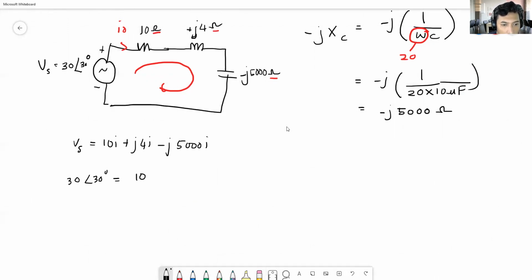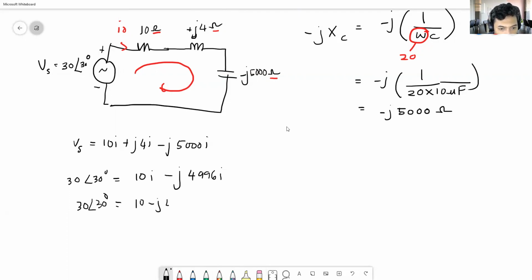So this one is 10I plus j, negative 4,996I. Or we can write down 30 angle 30 degrees.